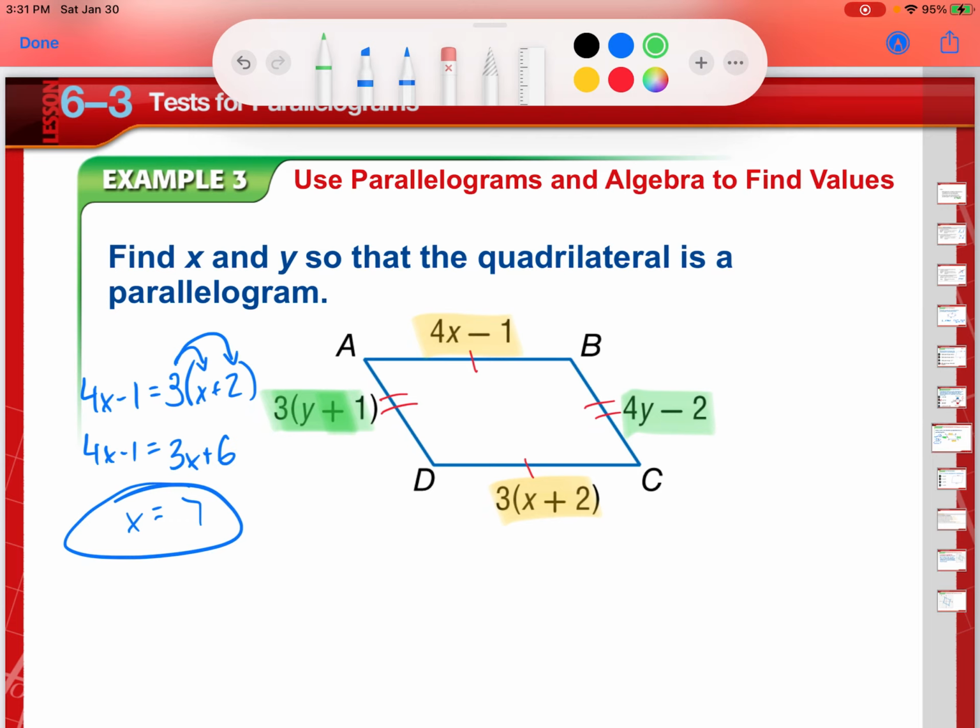And then for y, we have 3 times y plus 1 equals 4y minus 2. Once again, we distribute into the parentheses, so we're left with 3y plus 3 equals 4y minus 2, which would be y equals 5.